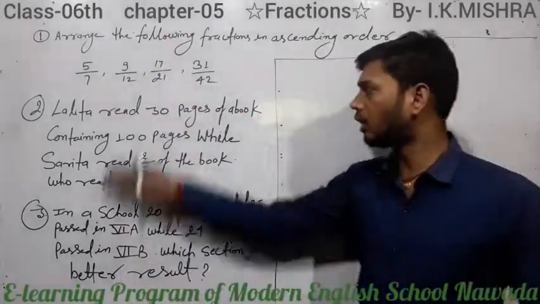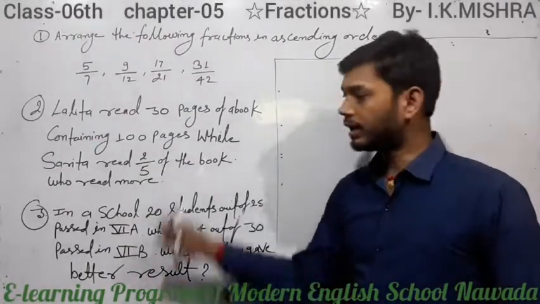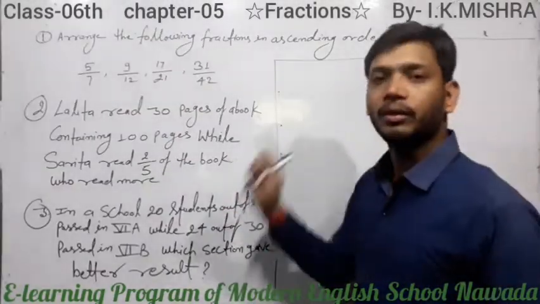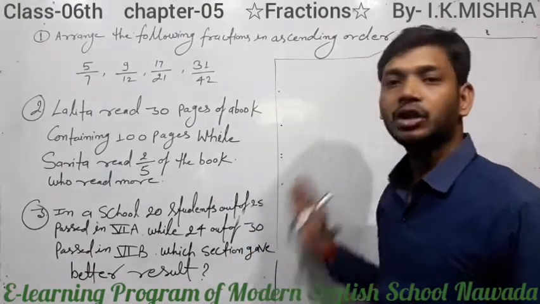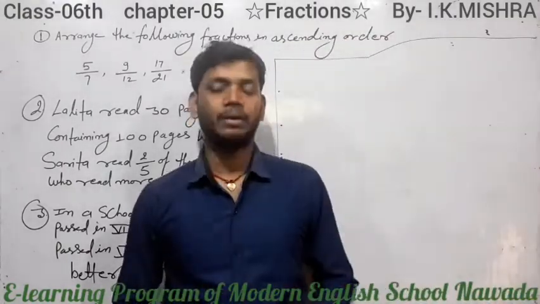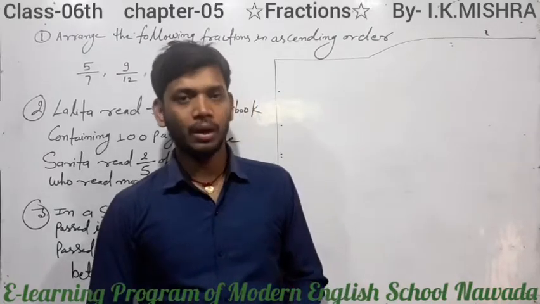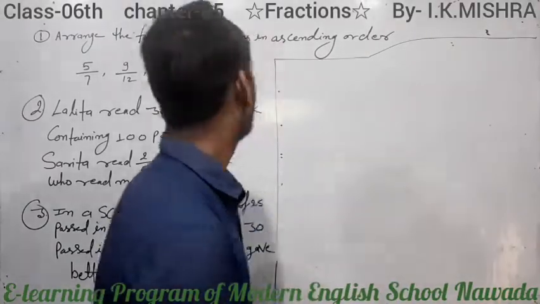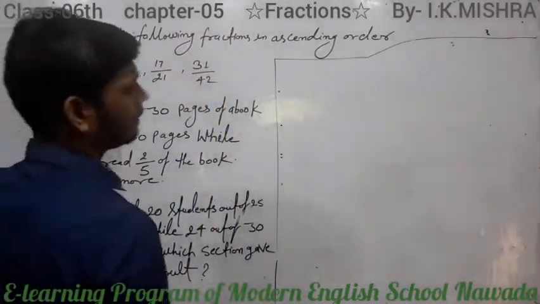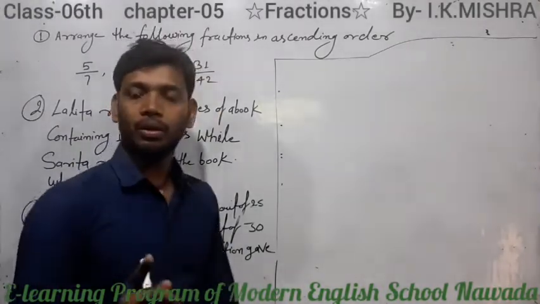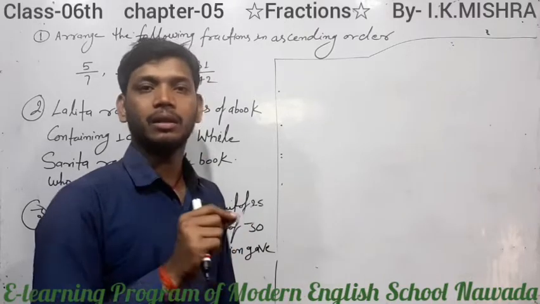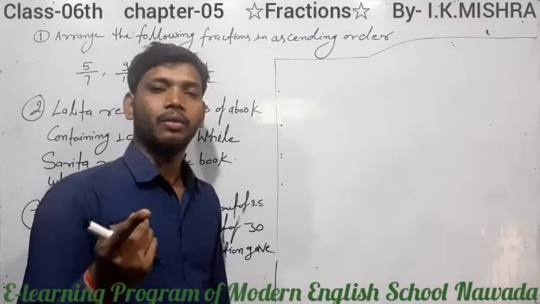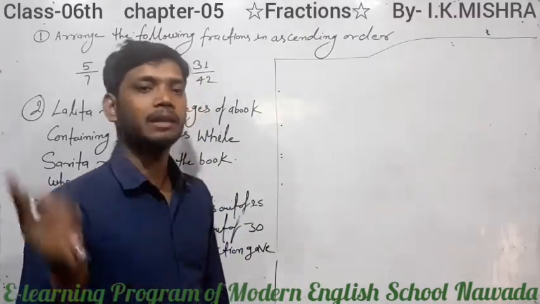Here I write all of these questions. So friends, first of all, try to solve all of these questions by yourself, and after that watch the complete video. So now I solve the first question. You know, for arranging fractions in ascending or descending order, first we have to find the LCM of denominators.